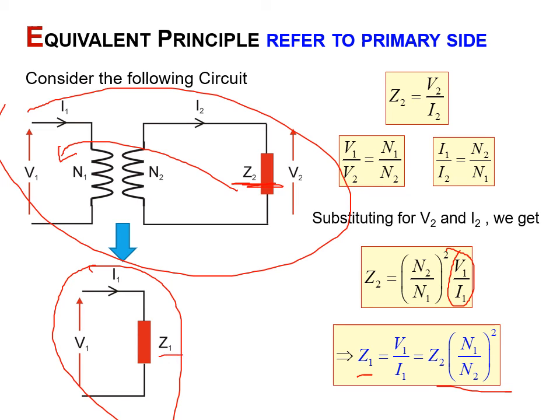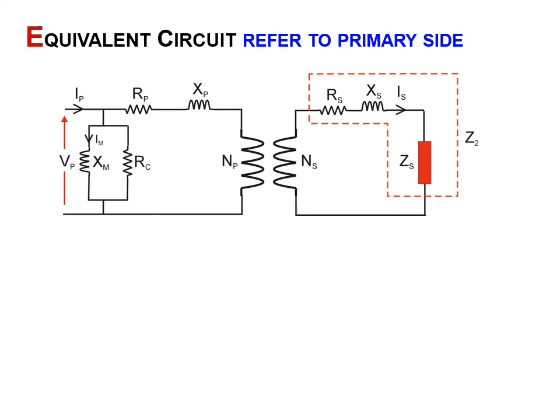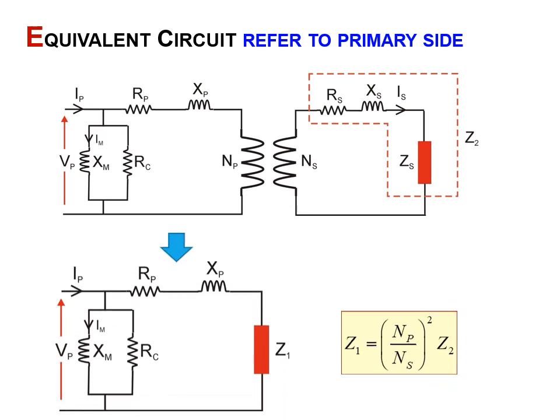This Z1 is basically Z2 that's been moved to the primary side. Using this principle, we can move all the components on the secondary side onto the primary side.